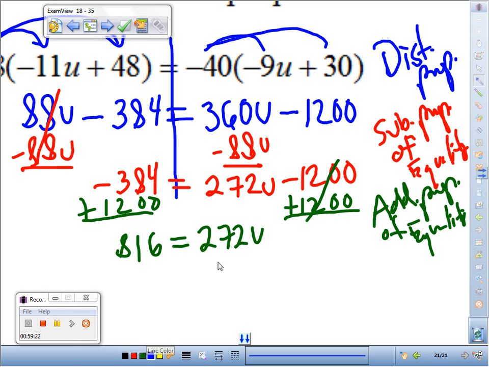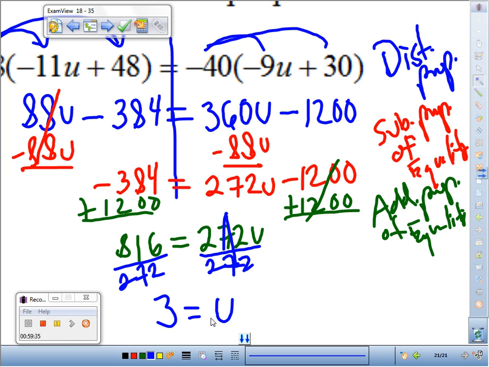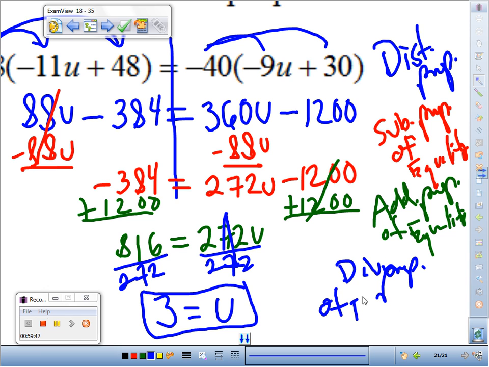So here, the last step, we're going to divide by 272. So 816 divided by 272, is that 3? Is that 3? That is correct, and this is division property of equality. How are we doing? Another one of these?